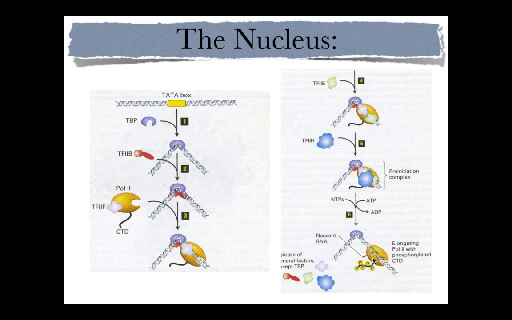So in your notes, you can then put TATA binding protein is required for the expression of more than half of eukaryotic genes.